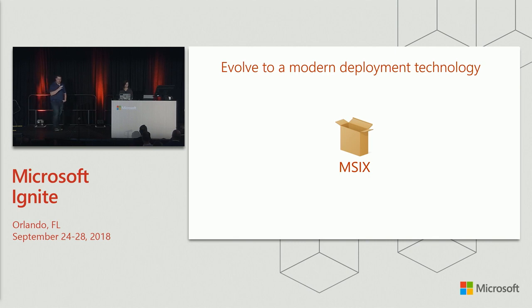So we took the learnings from the existing installers we had, like, hey, I want to be able to easily update from my own servers with ClickOnce, but I want to have the WinWat promise of AppV, but I want to make it install anywhere like an MSI. And really, we evolved those deployment technologies to be what is MSIX.